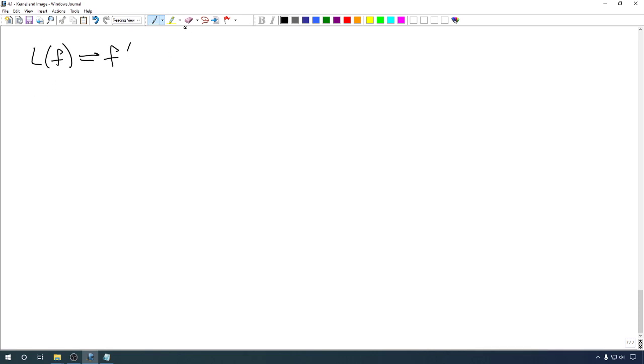In fact, we might not even call this L. Let's call this D, for derivative. That's a pretty commonly used letter for this particular linear map. So what is the kernel of D?